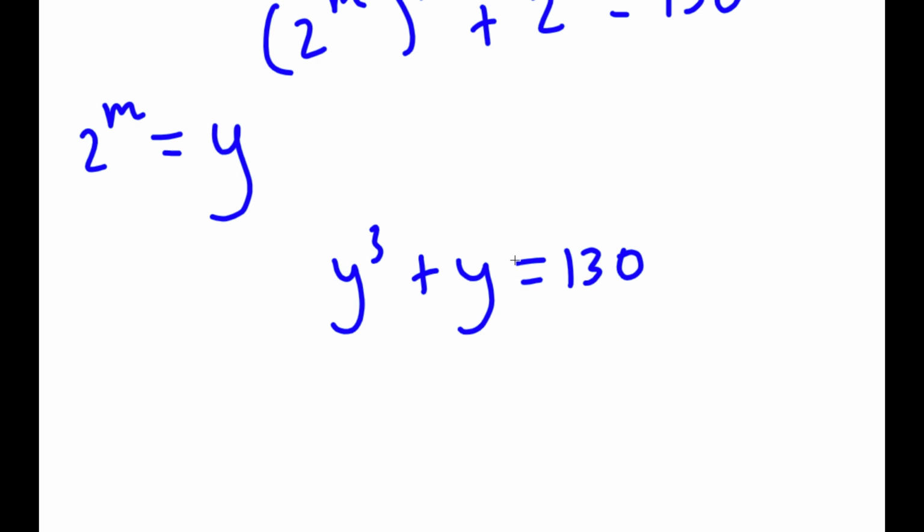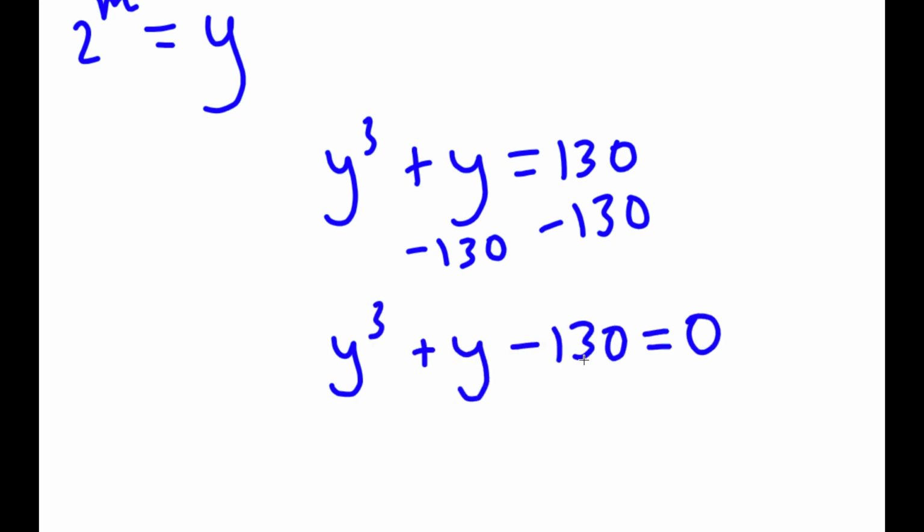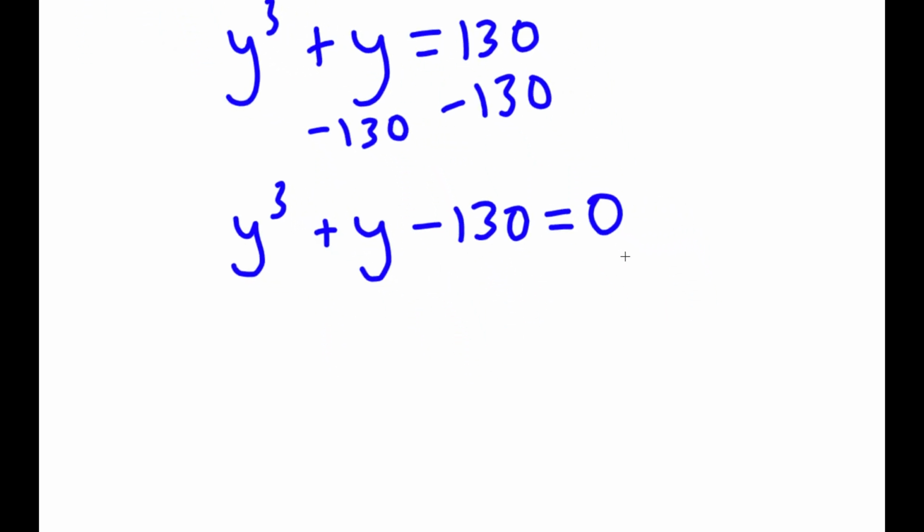So now I'm going to subtract 130 on both sides. So now I have y to the power of 3 plus y minus 130 is equal to 0. Now 130 here is equal to 26 times 5.